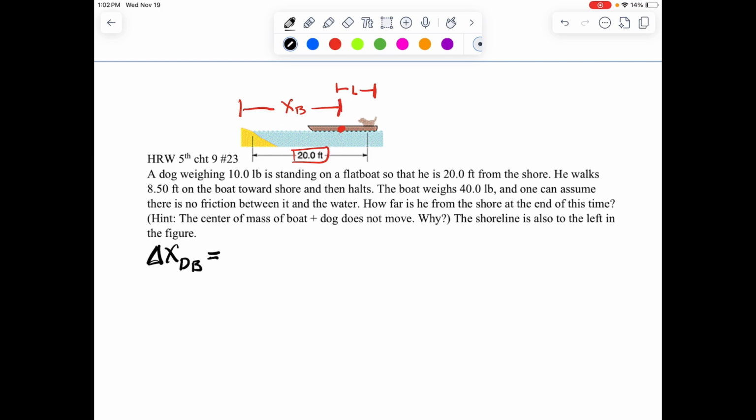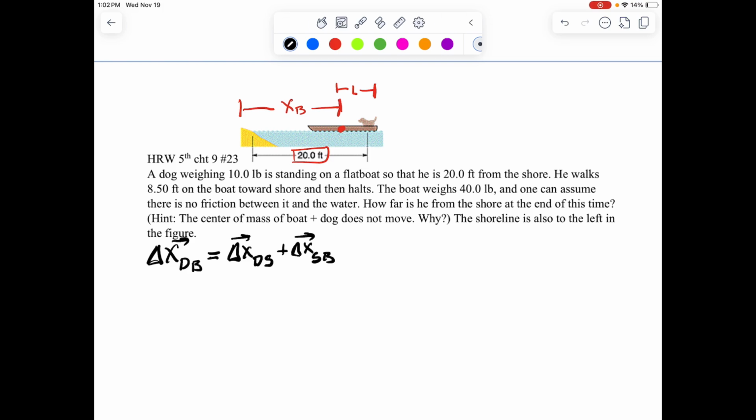But I've got to put the boat's motion in terms of that. Well, using our Galilean transformations, the change in position of the dog to the shore plus the change in position of the shore to the boat, those vectors should add up to the previous one, right?